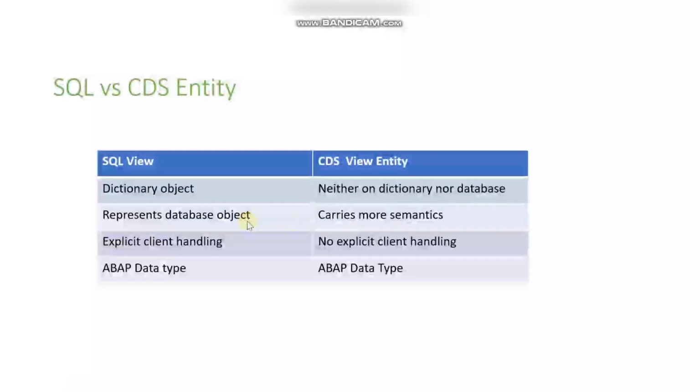And if you see in my GUI screen, we have very limited information available, but coming to CDS view, it carries more semantic data, and we have to explicitly define the client handling, and no explicit client handling is there in the view entity, and both are coming to ABAP data types. So this is one of the variations between our SQL and CDS views.